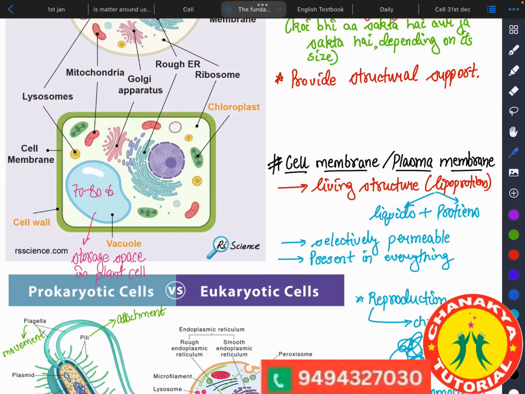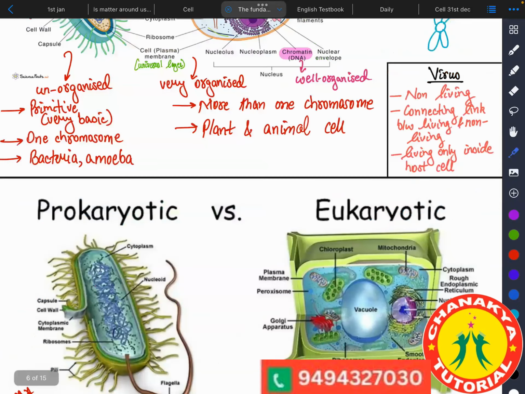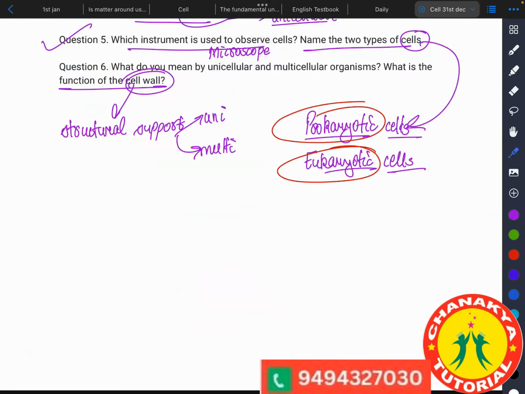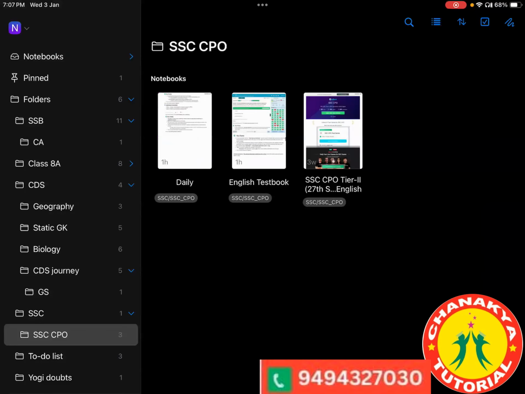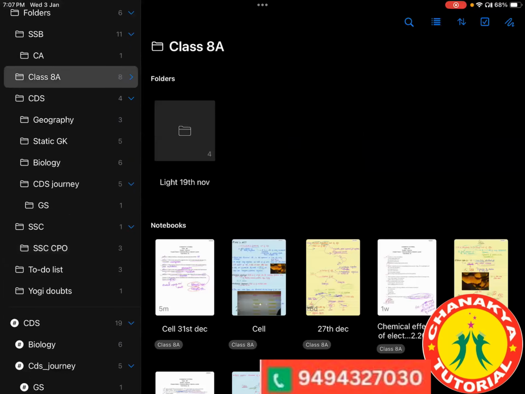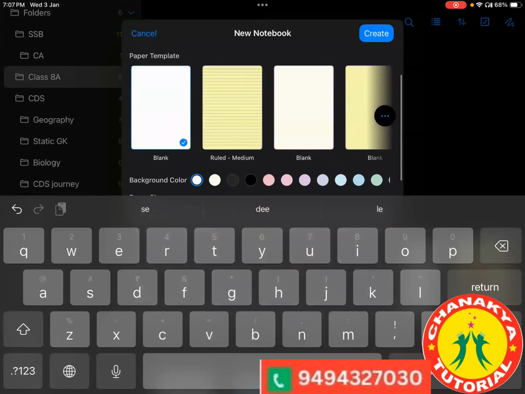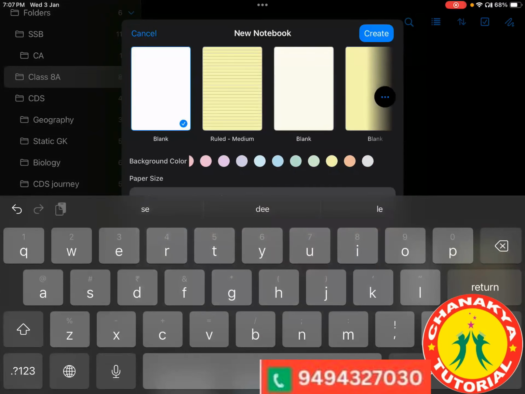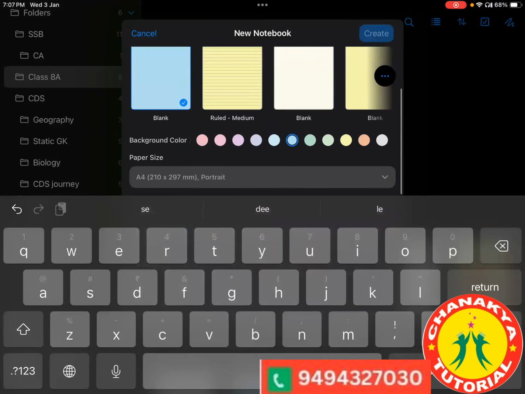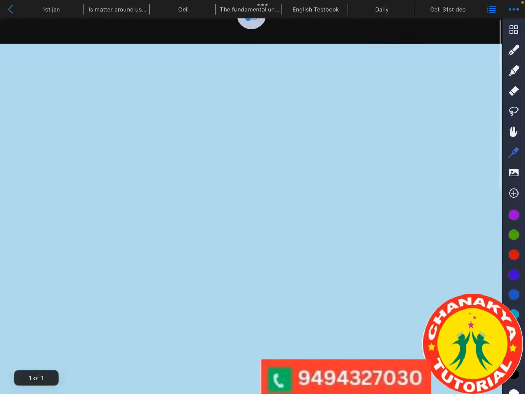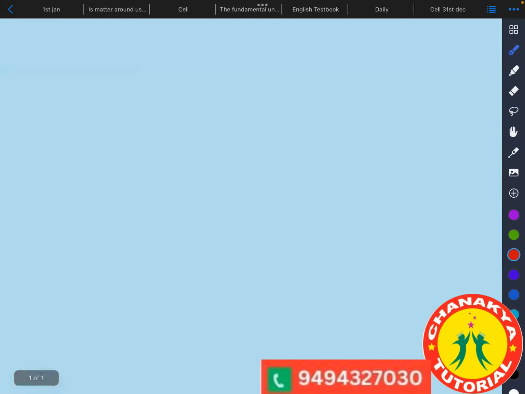Very good. For others who do not know about diffusion, let me write it down. So we were talking about diffusion.